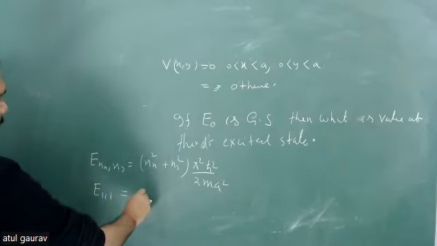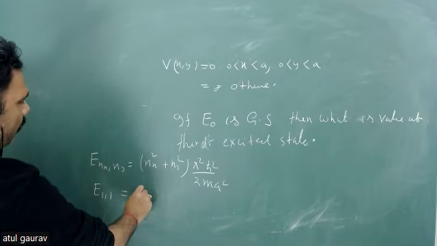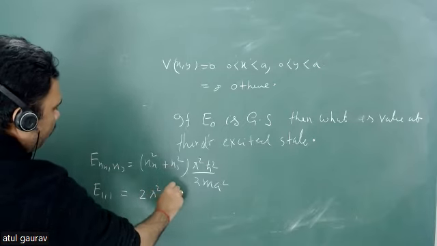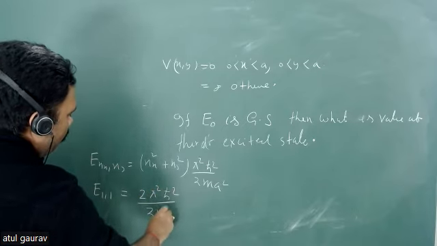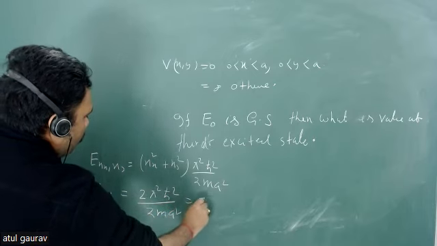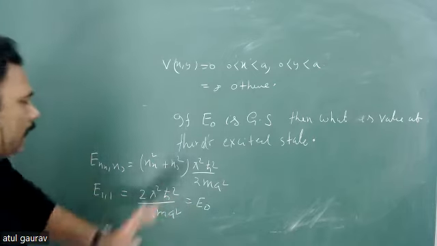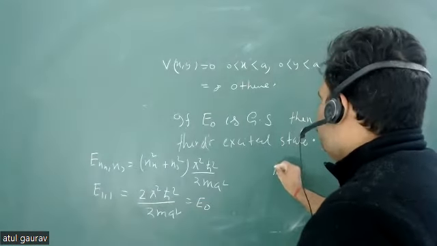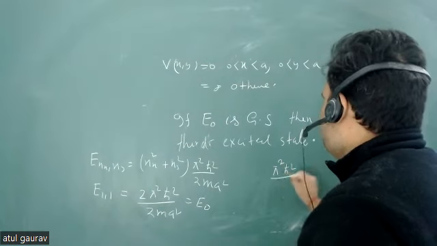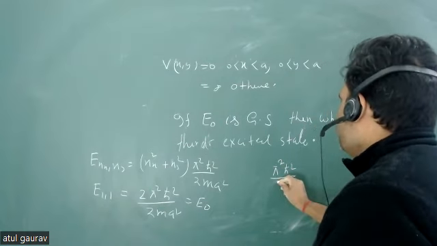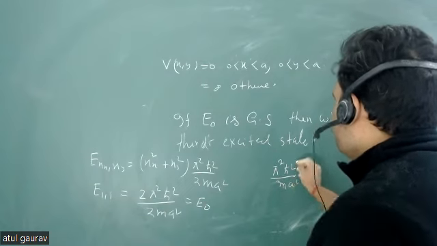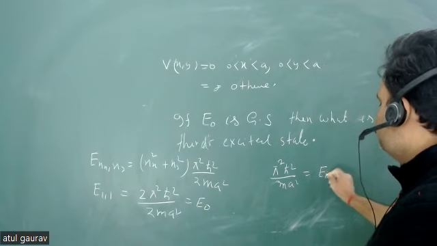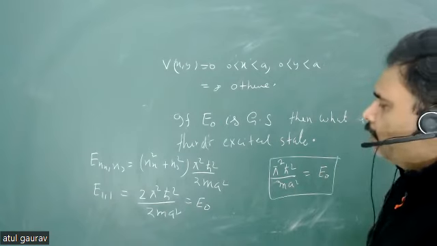E11 is equal to 2 pi square h cut square upon 2 m a square, which is equal to E naught. So these are our parameters. We are just going to calculate the parameter: pi square h cut square by m a square is equal to E naught.